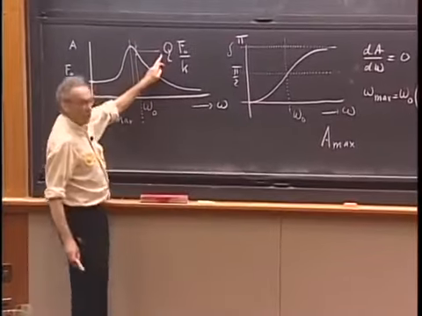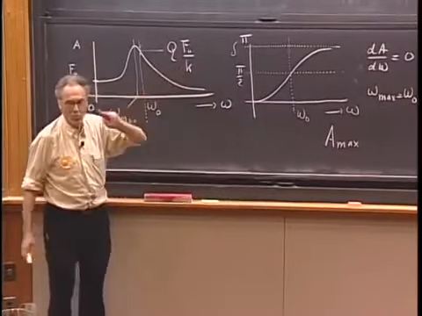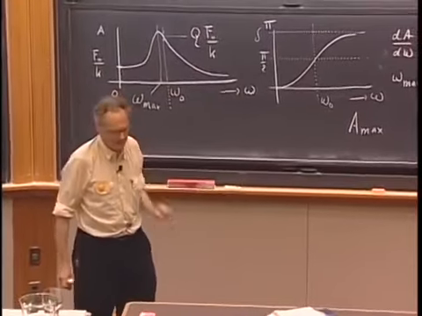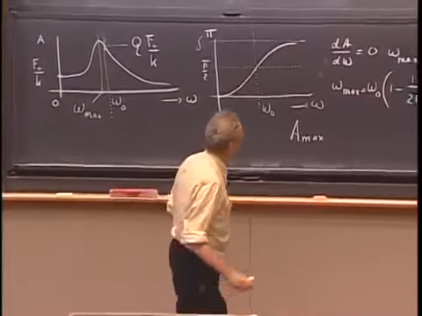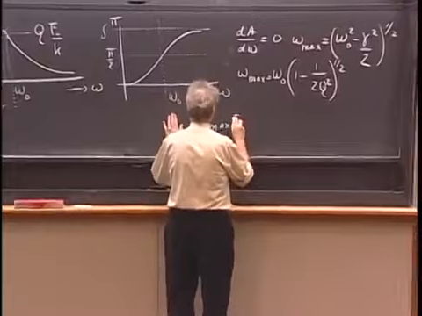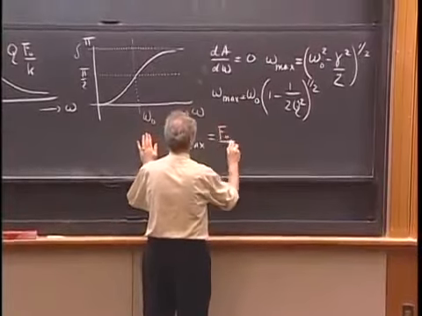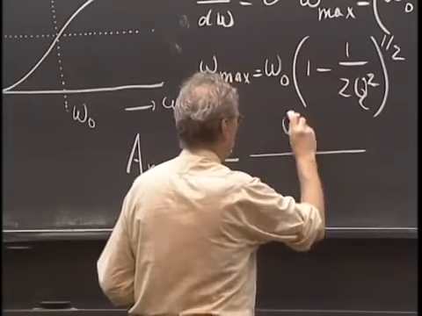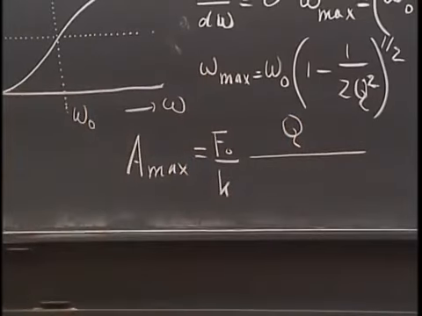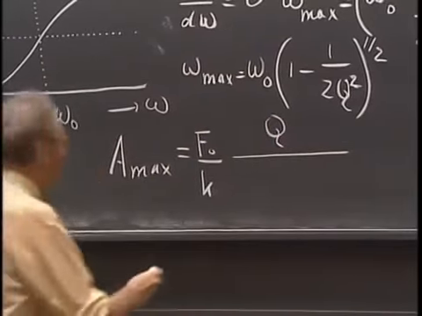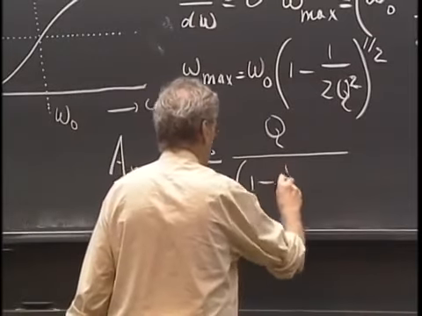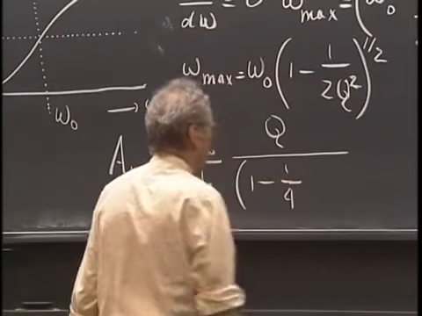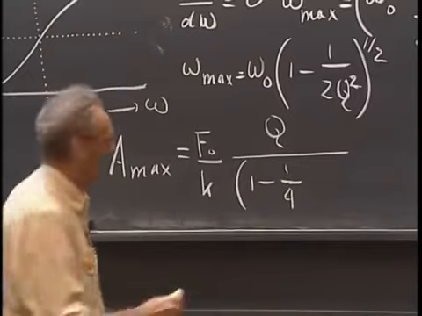It must be very close to Q times F0 over K, but it's a little higher. Then you can write that in the following form. And that's just a matter of algebraic manipulation. And you get a Q here, which you expect. And then downstairs, you get something like this, 1 minus 1 over 4 Q squared, to the power 1/2.